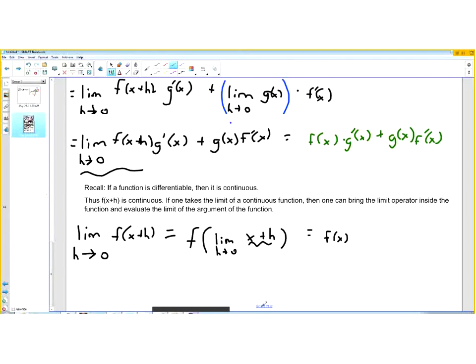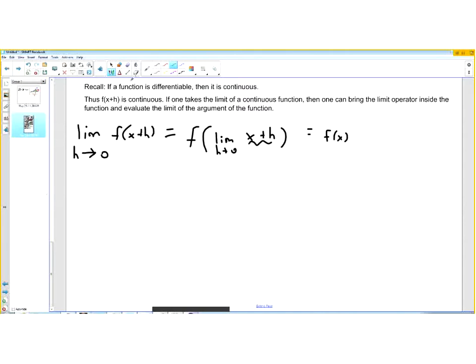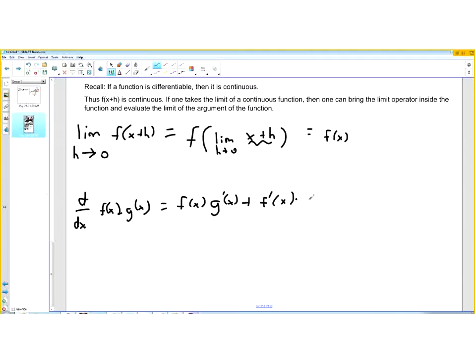I'll restate it here. The derivative with respect to x of a product of two differentiable functions, and if they're differentiable, they're continuous, but not vice versa, is equal to the first function, f, times the derivative of the second function, g, plus the derivative of the first function, f prime of x, times the second function, g of x.